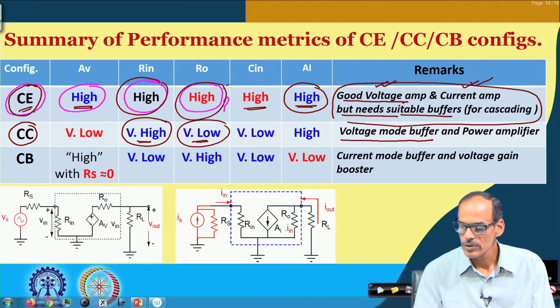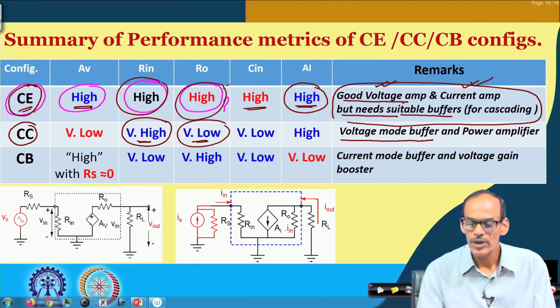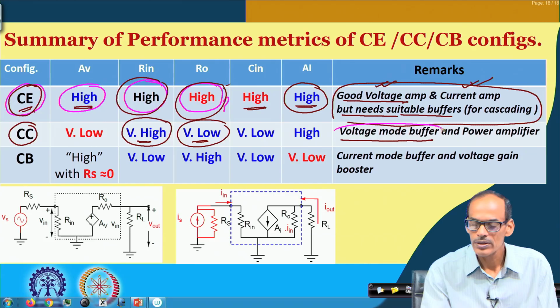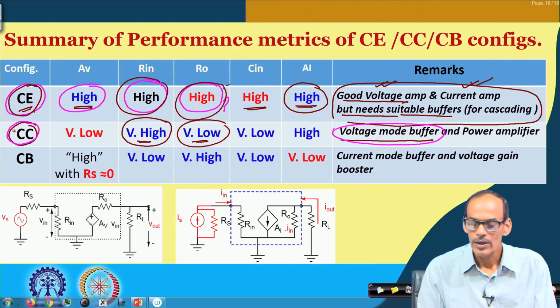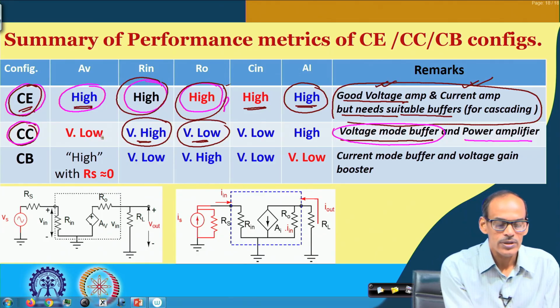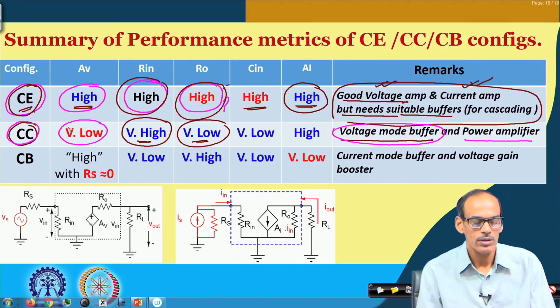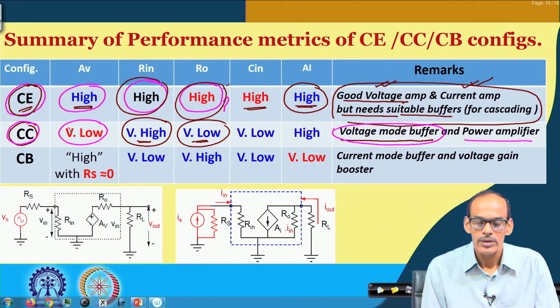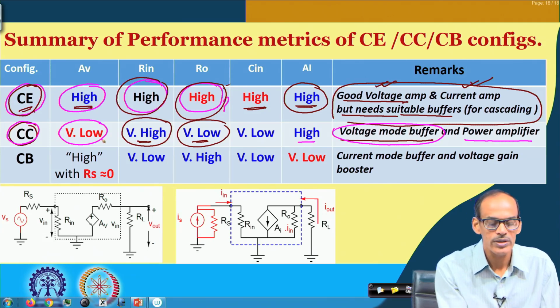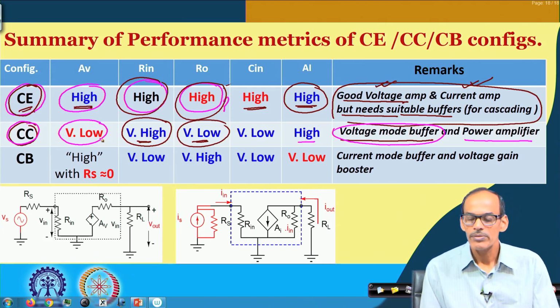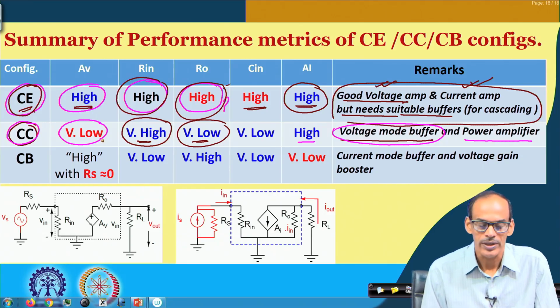So, if you want to use a voltage mode buffer, definitely then we should be inviting this CC stage. And also it can be used for power amplifier, mainly because even though the voltage gain is low, it may be close to 1, and in addition to that it is also having a current gain.